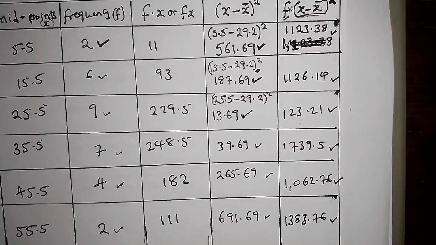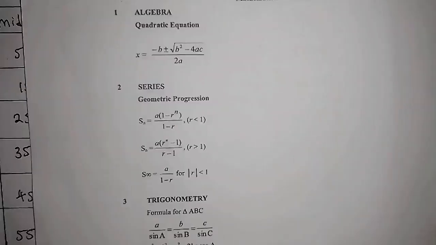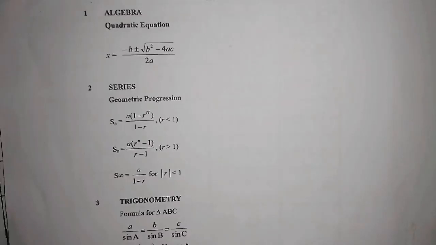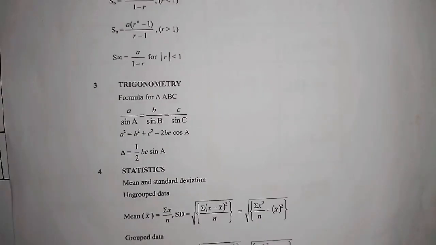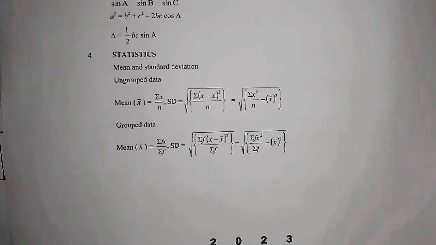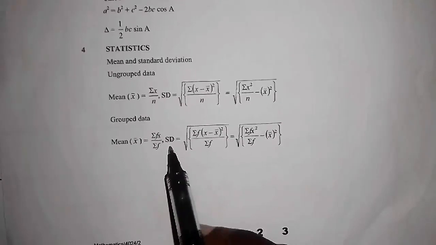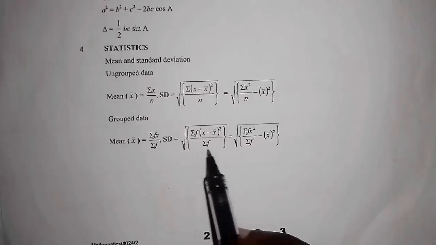When you get back to the formulas that you are given in the question, you'll be able to understand that this is the formula that you are going to use, where it says SD, which is standard deviation. So this is the formula.